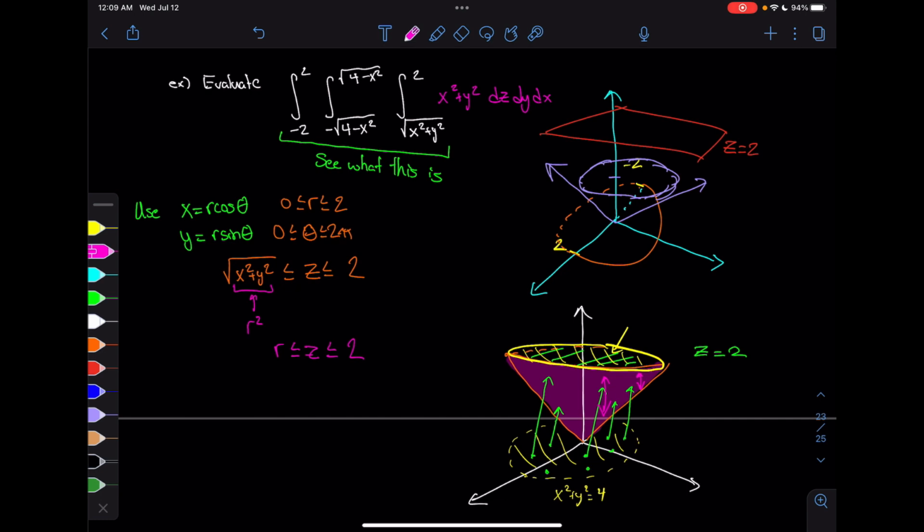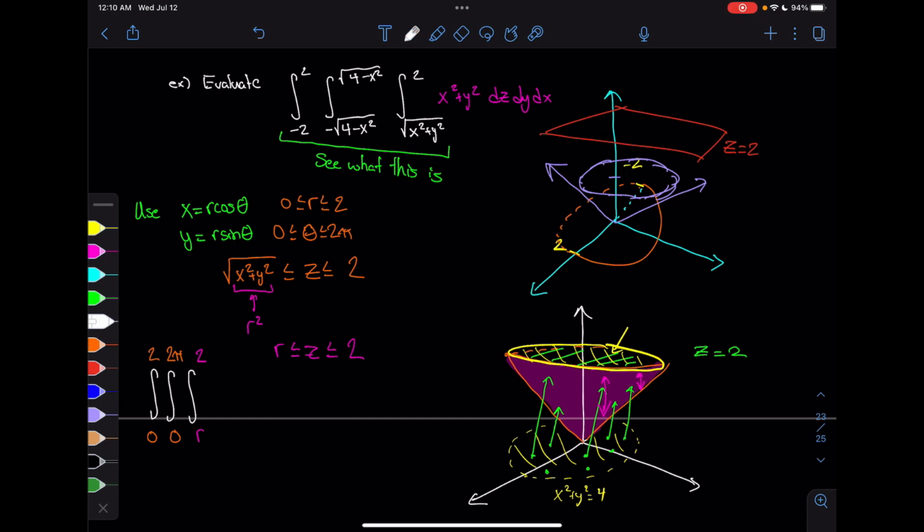So our new triple integral in polar coordinates has z going from r to 2, theta going from 0 to 2 pi, and r going from 0 to 2.